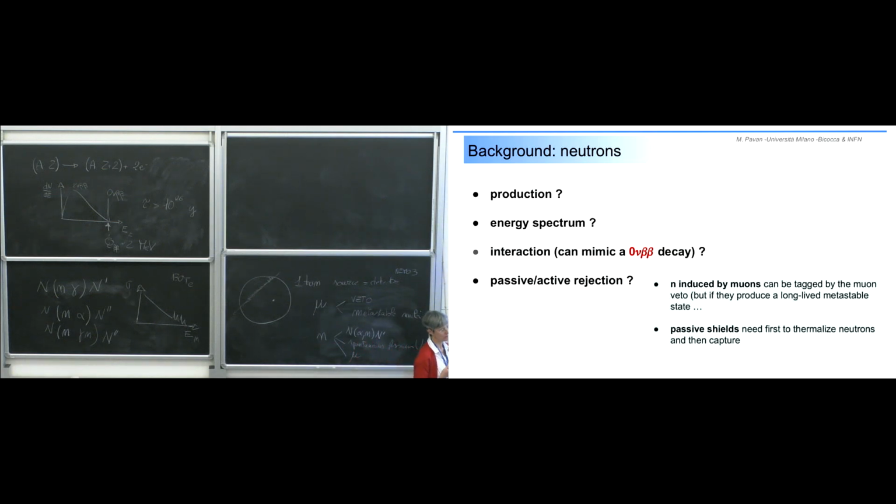So the main technique that is used is that of having passive shields. The muon veto, for example, if you have a Cherenkov scintillator, can also be a good system to thermalize neutrons. Okay, but at the beginning, what you mainly need to do is to thermalize neutrons so that once they are thermalized, they interact, and you can either tag them because they interact, or you can capture them and remove them from your background.